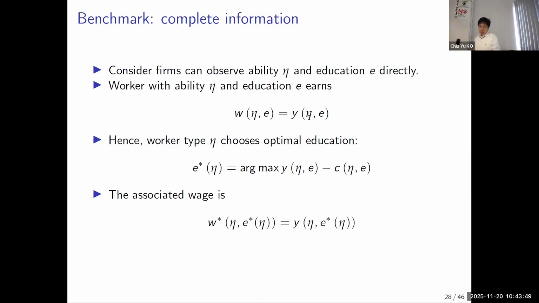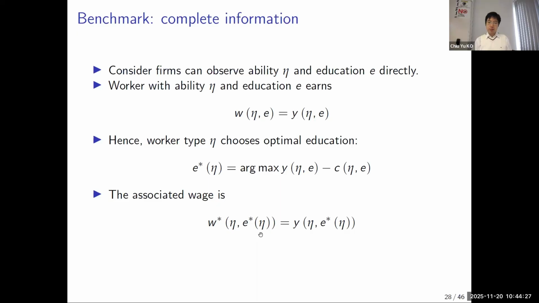Because the ability eta must be high or low, so they get what they actually do. There is no information asymmetry. That means they will just choose the education to maximize their net benefit, which is the wage minus their cost. Of course, it depends on the type, but we denote this optimal education with a star.